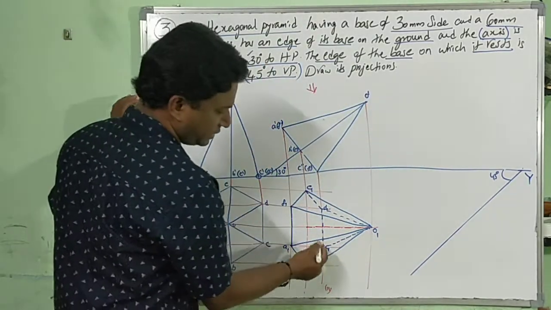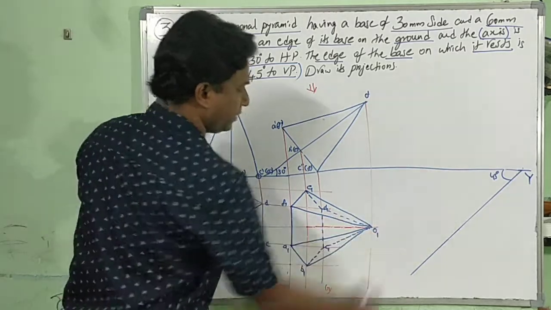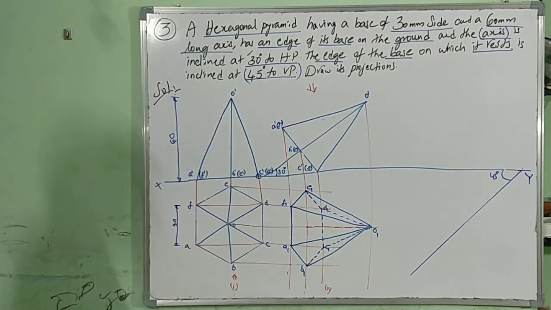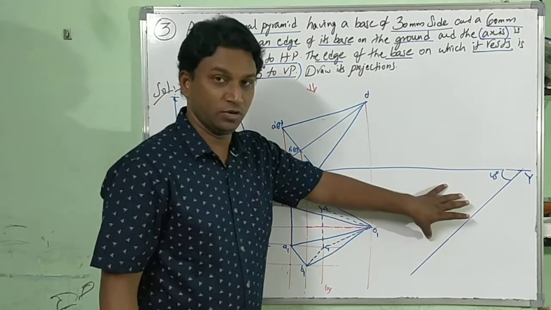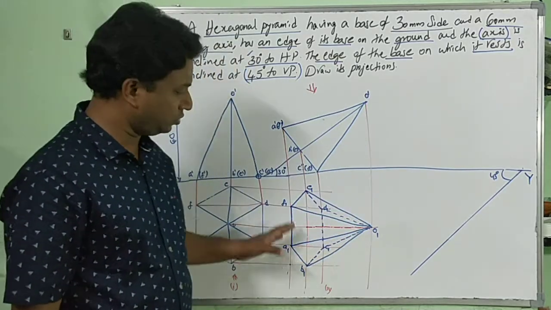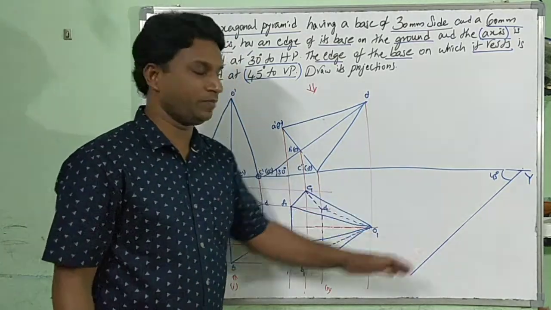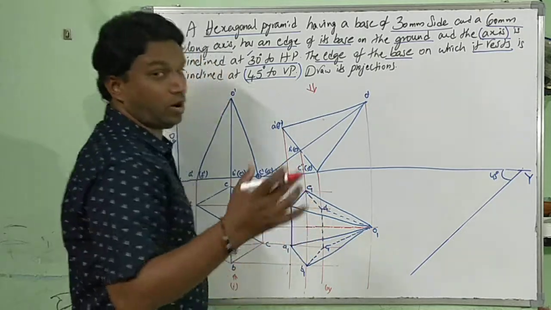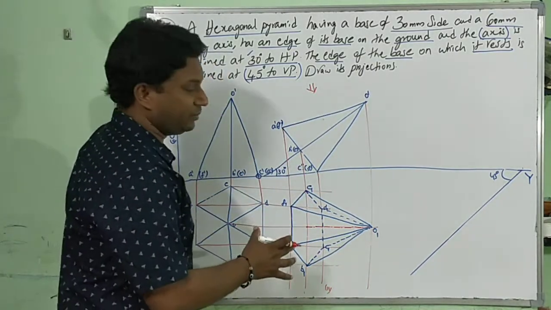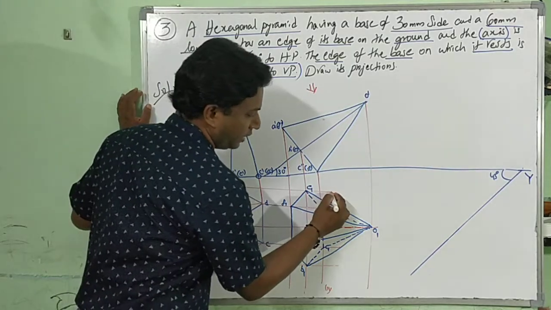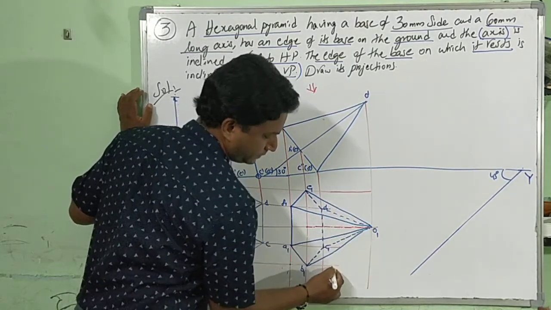On that 45 degrees line, this C1 D1 is to be constructed, which is difficult to draw here. So, reproducing the third stage top view from the second stage top view of the same rotating figure, you are supposed to follow the box method. Last problem also we have discussed and done it. Box method, but simple. How to draw here: whatever line you have drawn, try to extend it.